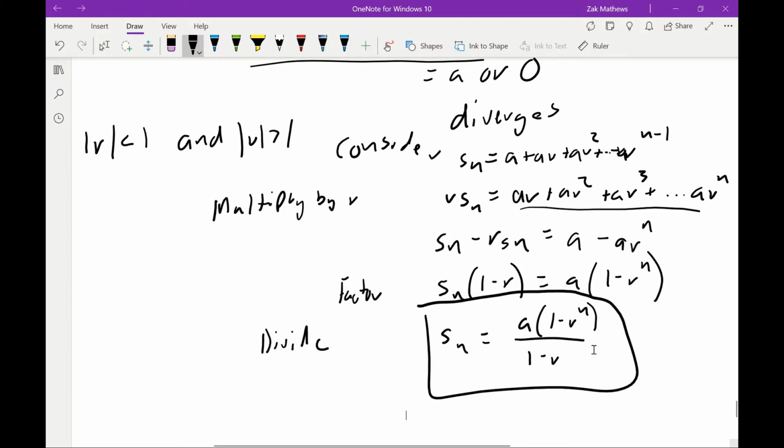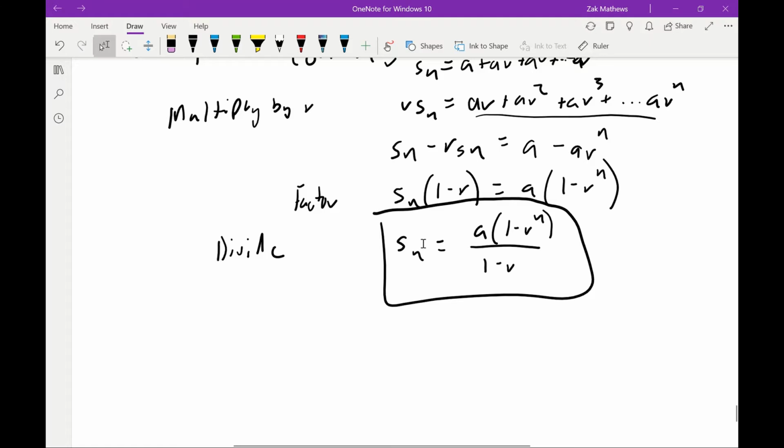Why is it that we can't allow the r to equal 1? Because we see that we're getting a 0 down here in the denominator. And again, we're considering if the absolute value is less than 1 or greater than 1, so we've kind of ignored what happens if it's equal to 1. So now we have a formula for the partial sum, and we can use this. So let's look at if the absolute value of r is less than 1.